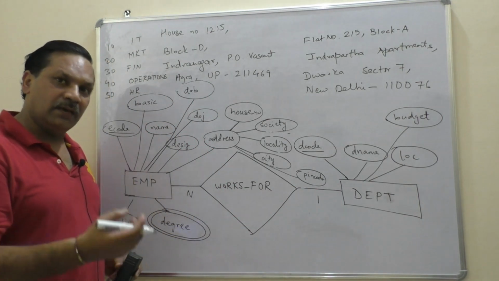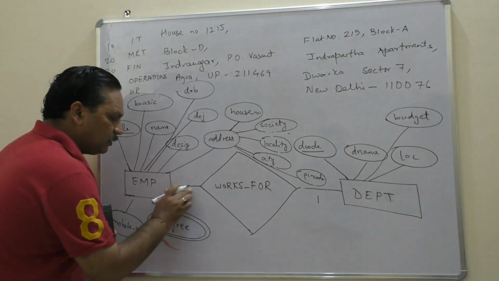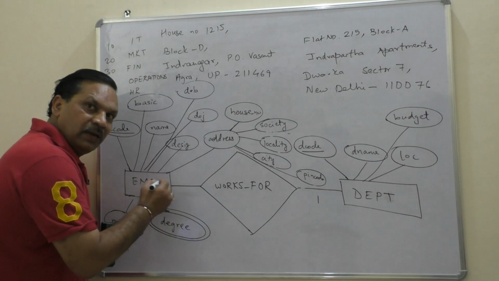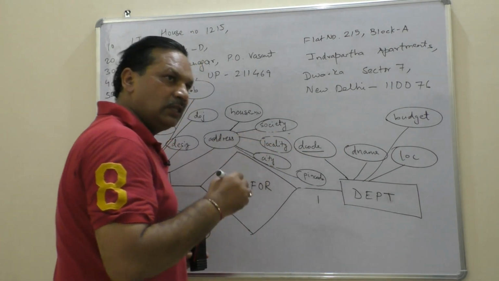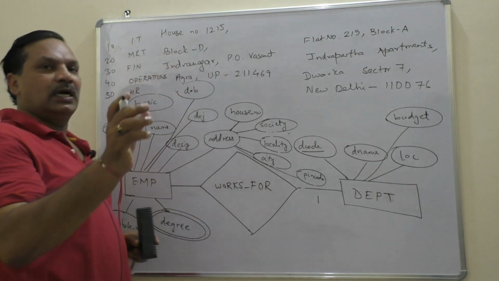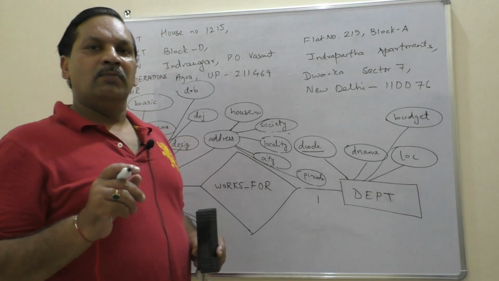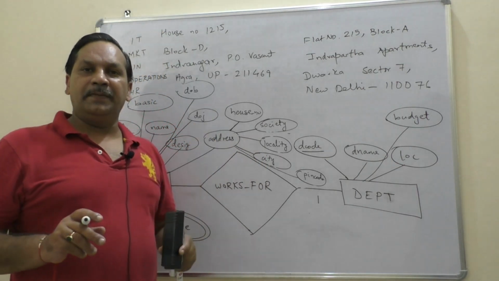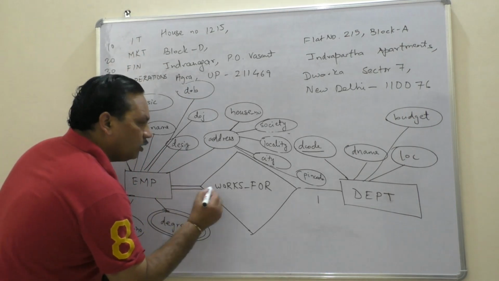I'll repeat this in the next section also, just before I wind up. So every employee works for some department. Yes or no? Suppose Amit Sinha is working in the IT department, Ashish is working in the IT department, Mohit Kumar is working in the marketing department, and so on. So this is what? Participation.